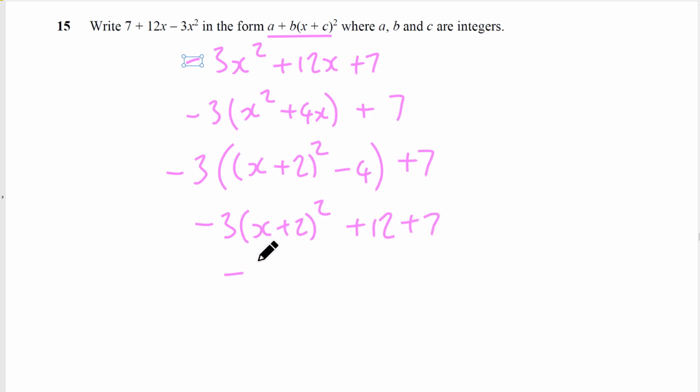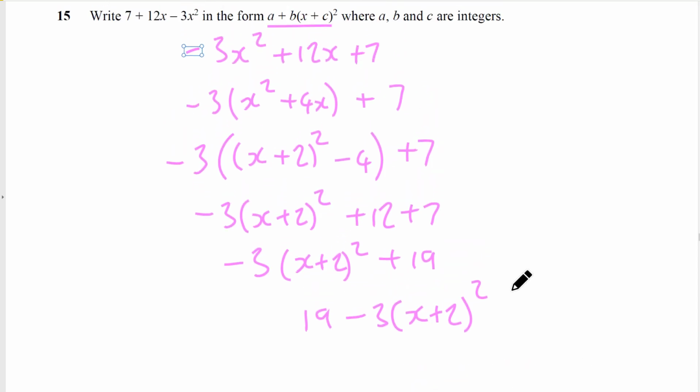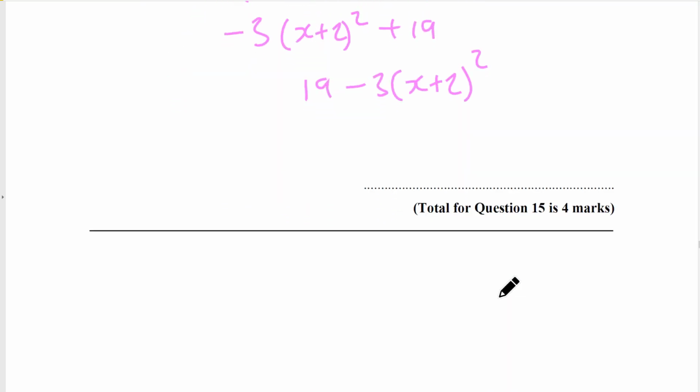So that becomes minus 3 x plus 2 squared plus 19. And then let's write it in the form they want. So that's going to be 19 minus 3 x plus 2 squared. That is correct. That's in the form they want it. And that will get you 4 marks.